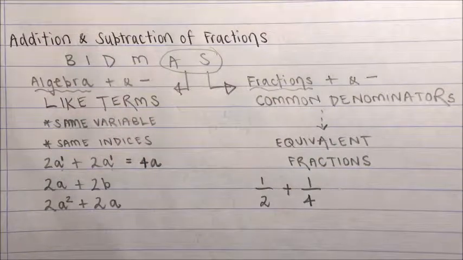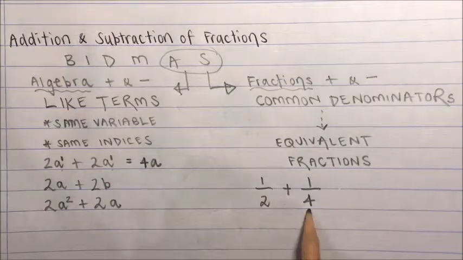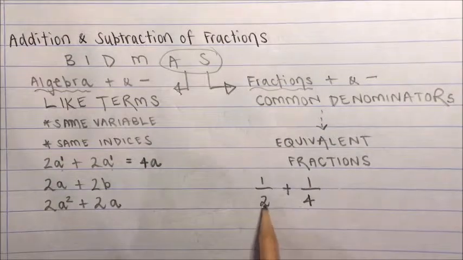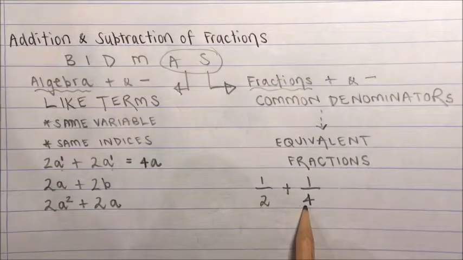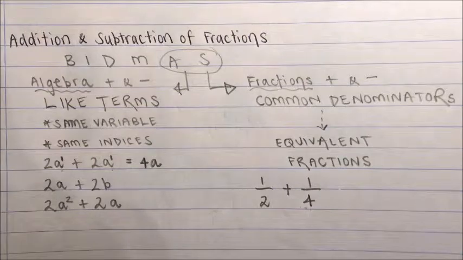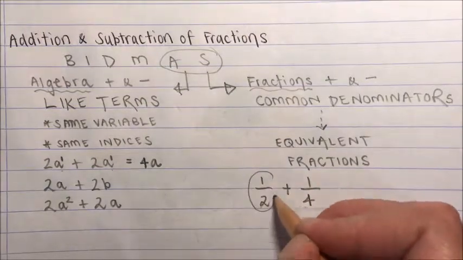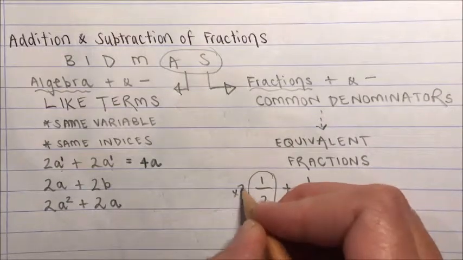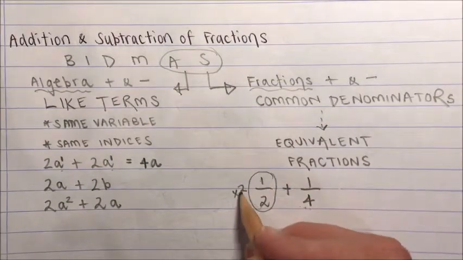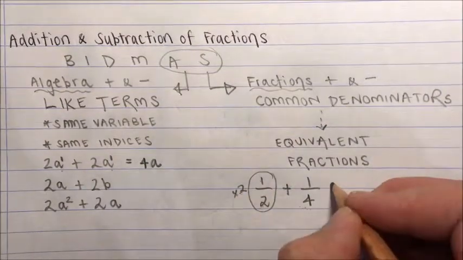So just a little reminder about creating equivalent fractions. To add a 1/2 and a 1/4, I can't add these because they don't have the same denominator. So I'm looking for multiples, I'm looking for factors. In this case, I know that if I multiply this whole thing by 2, and don't forget I've got to do the top by 2 and the bottom by 2.